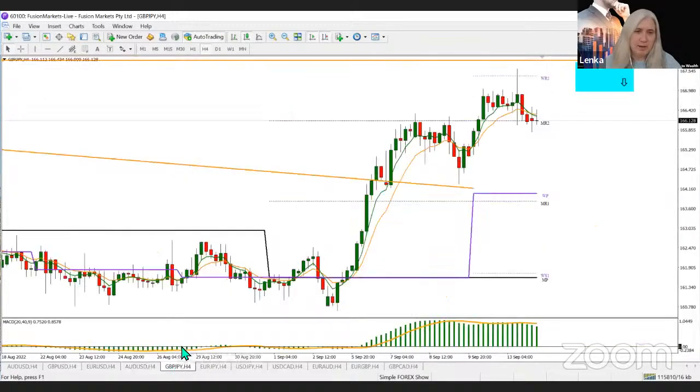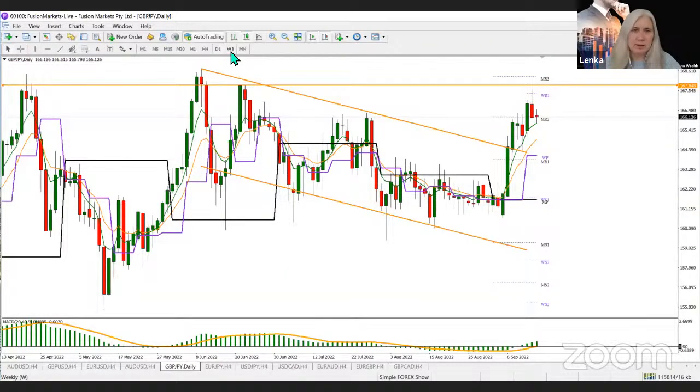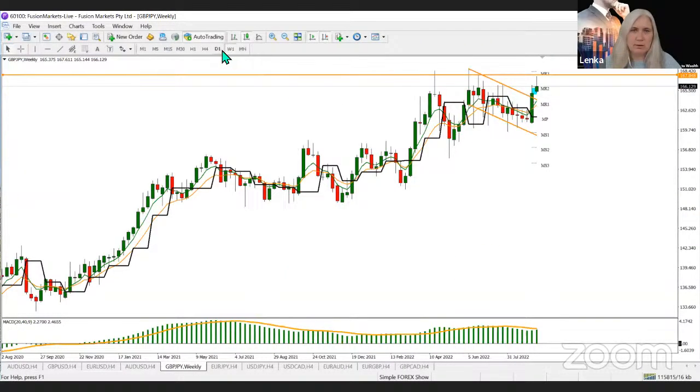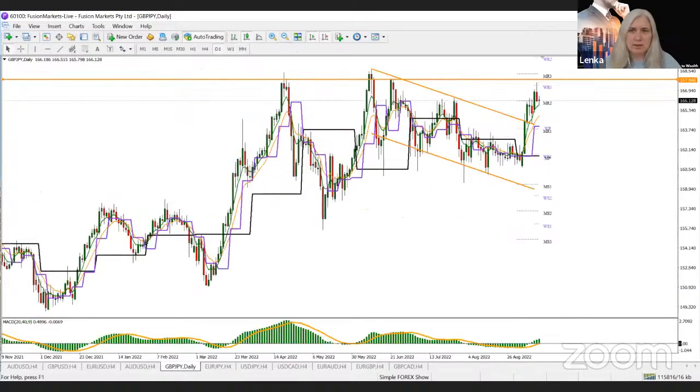Next currency pair I'm looking at is GBPJPY. And here I'm looking for a short. On this daily time frame, we have a couple of touches already at that resistance level, and we are approaching it again here.